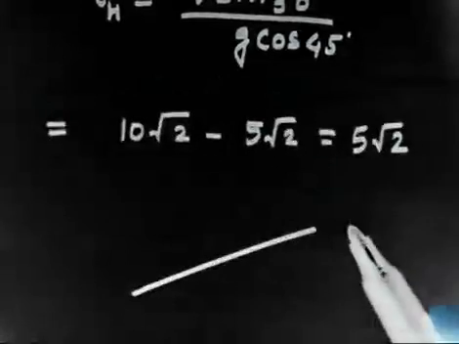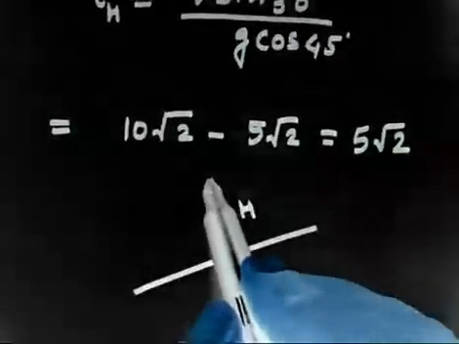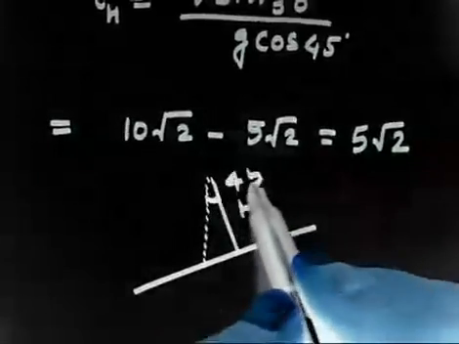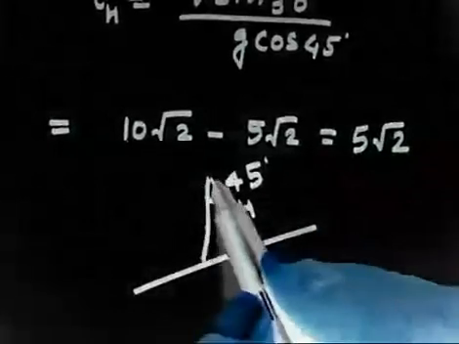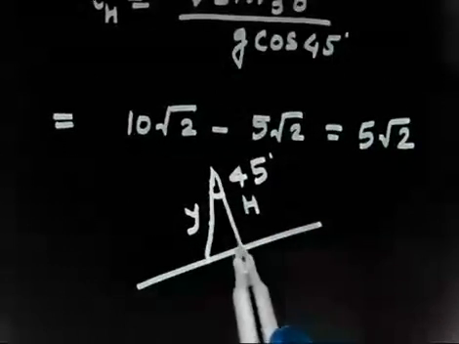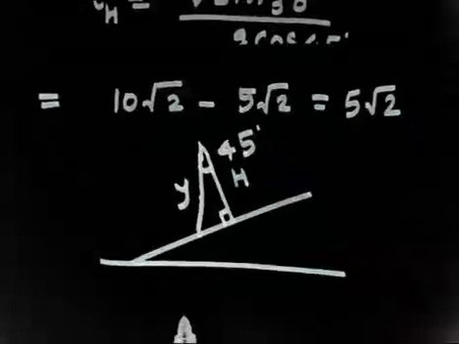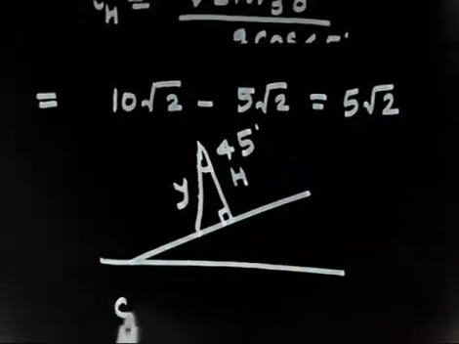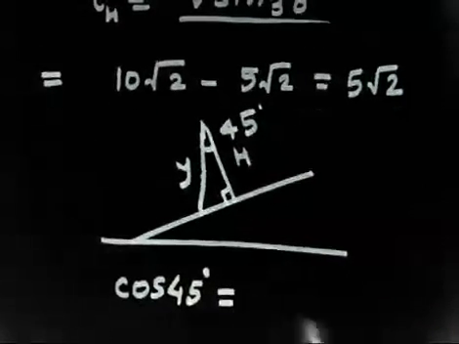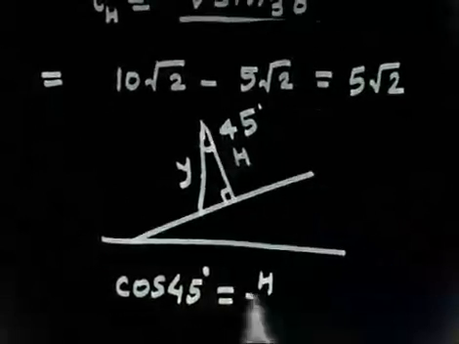Let me make the same thing again. So you will have this height is h, and if you make a perpendicular from here, this angle is 45 degrees. If somebody is interested in this height, let us say BY, what will be this height? This is perpendicular, this is my inclined plane, so I can write cos 45 degrees equals h by BY.